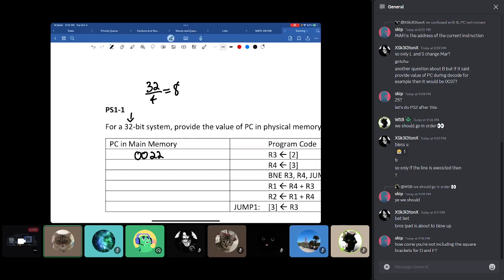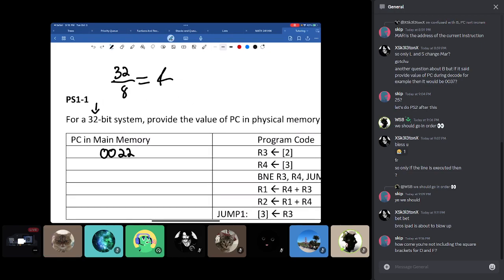Okay. 32 divided by 8 is 4. Oh, sorry, yes. I'm so tired. Okay. 32 divided by 8. That is 4. I got these messed up. So we're incrementing by 4.